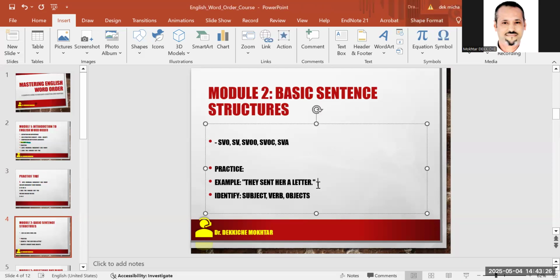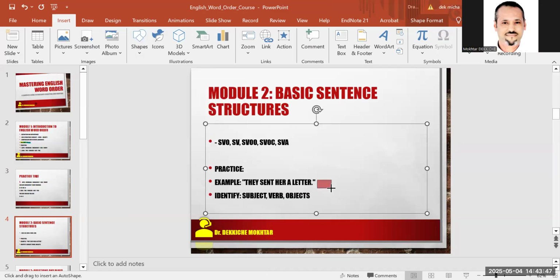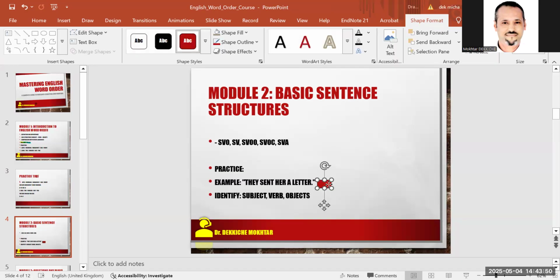For this sentence here, we have "They sent her a letter." So "they" is the subject.